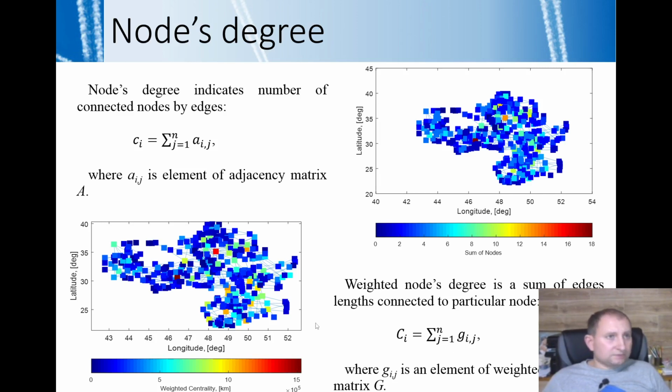And in this case, we will get absolutely different picture. However, if you compare my examples, you can see that two of these nodes have approximately the same highlighted in results of nodes degree estimation.